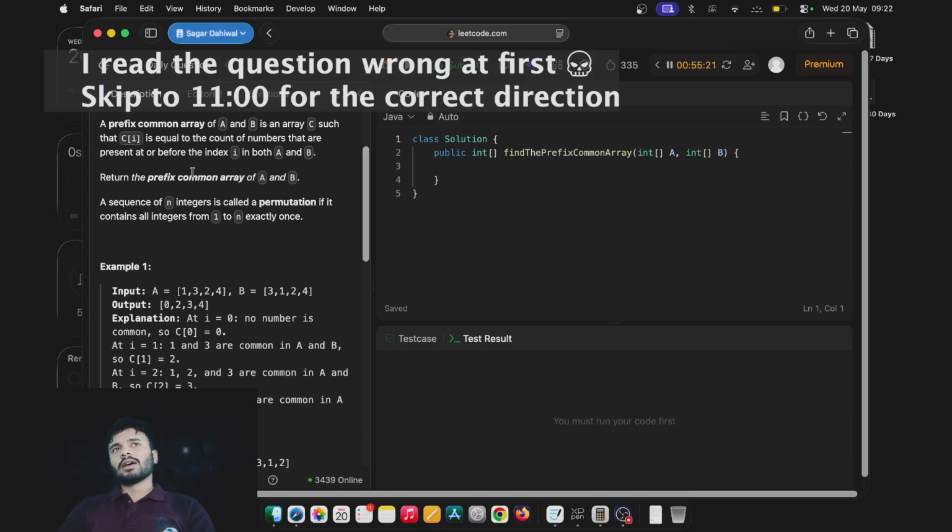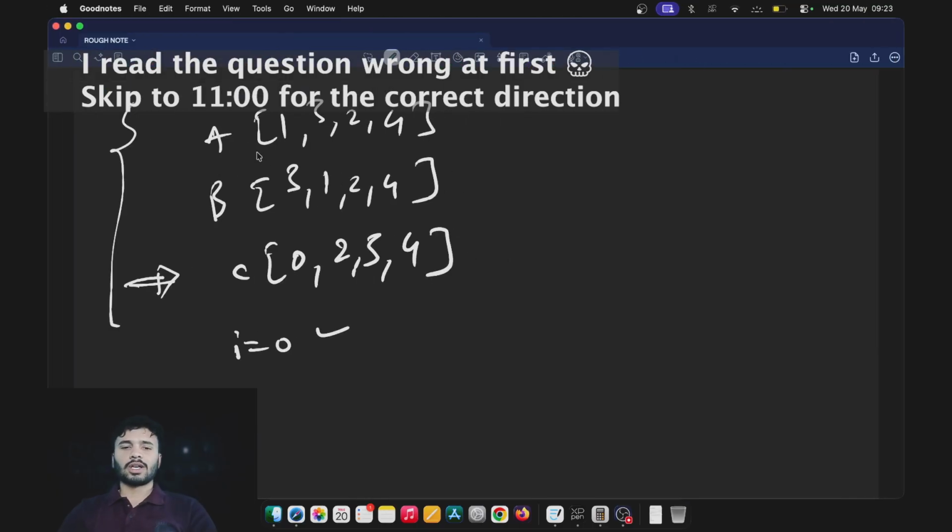Probably it's about the prefix. Whatever elements we have common in both arrays before and after this particular index. C of i is equal to the count of numbers that are present before and after index i in both arrays.